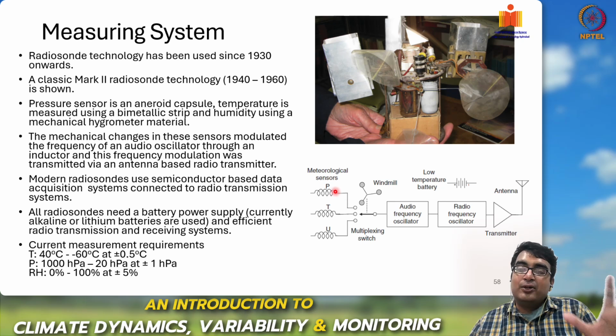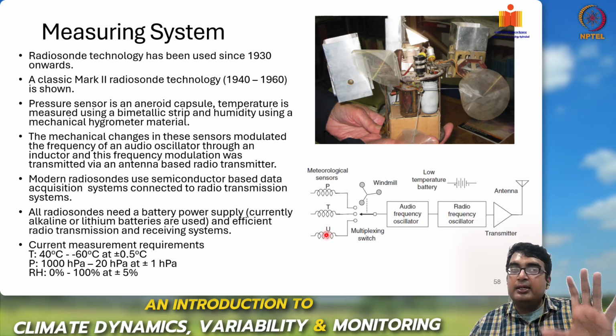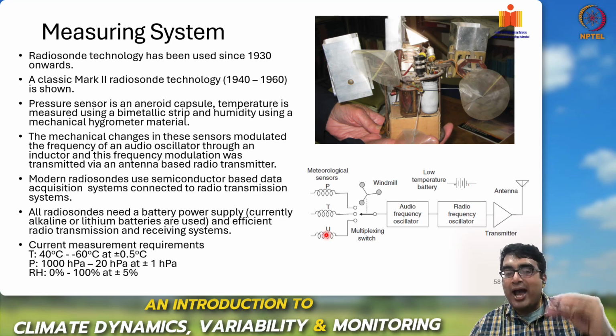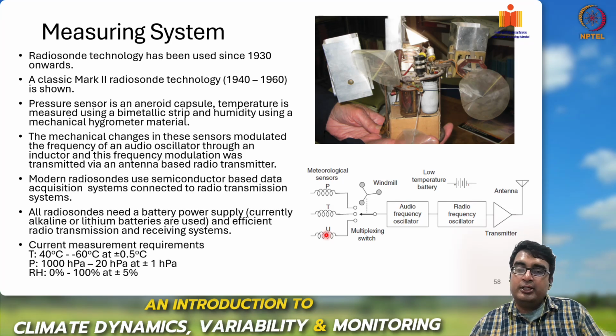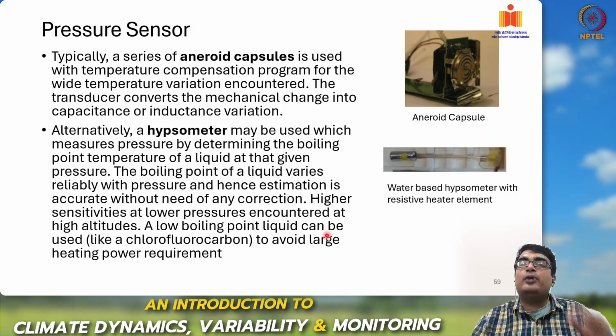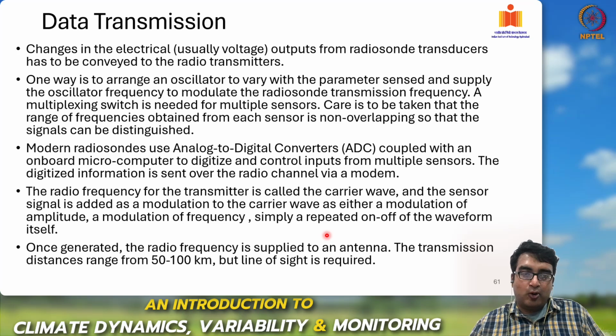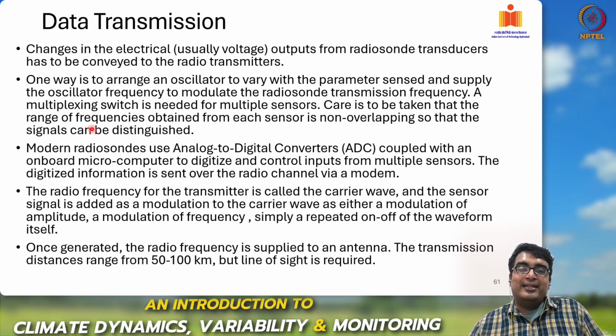If the frequency change is in different ranges for the different sensors, so that this may be 1 to 20 kilohertz, this may be 30 to 40 kilohertz, this may be 50 to 60 kilohertz, then, knowing at what range the frequency has been altered, we know which sensor was activated and which variable we are measuring. So, this is a very important point. Care is to be taken that the range of frequencies obtained is non-overlapping.